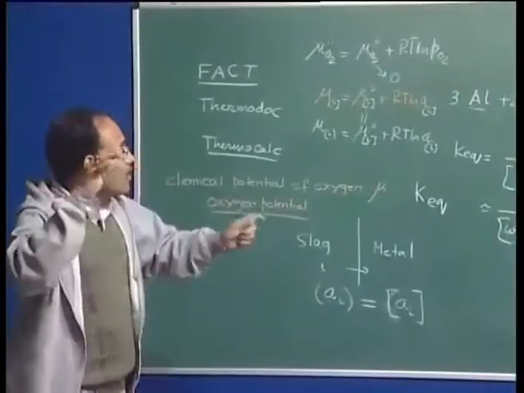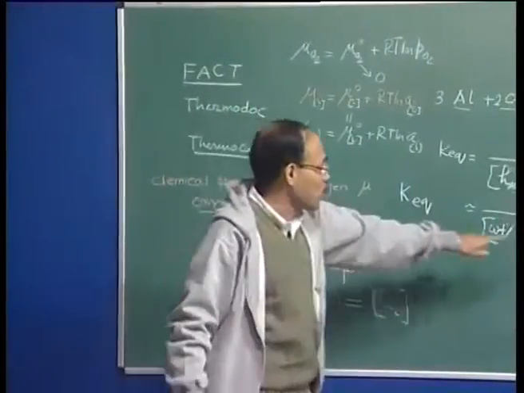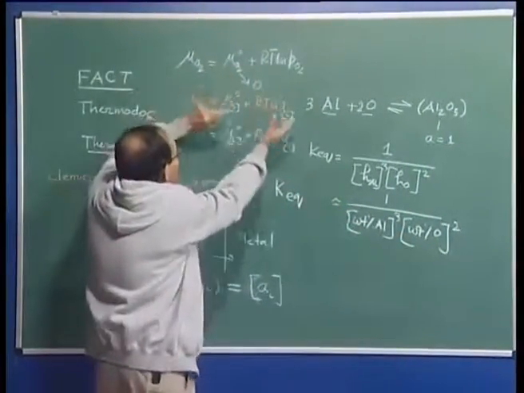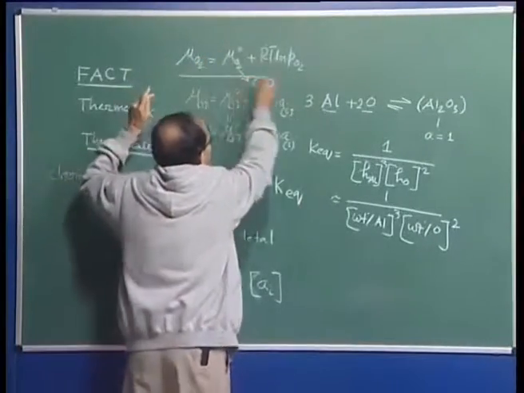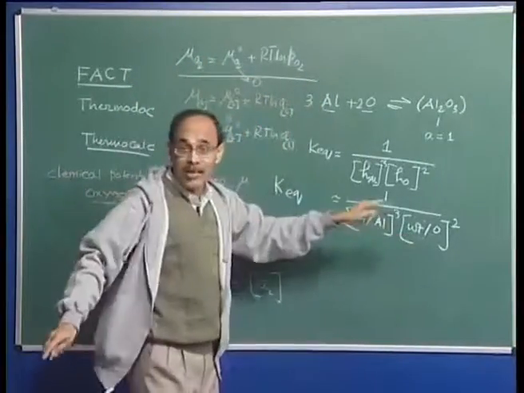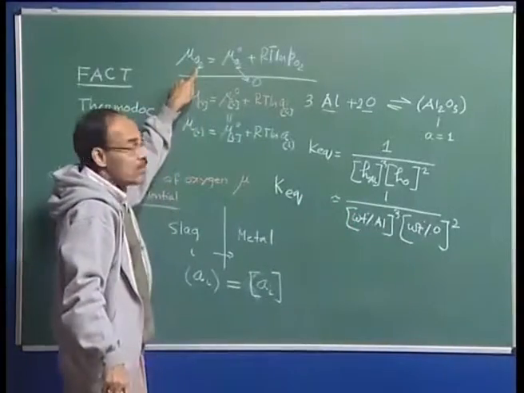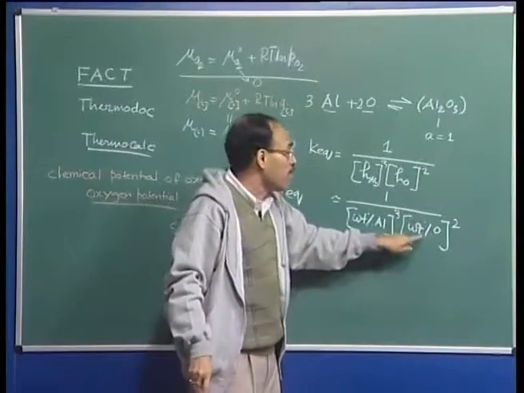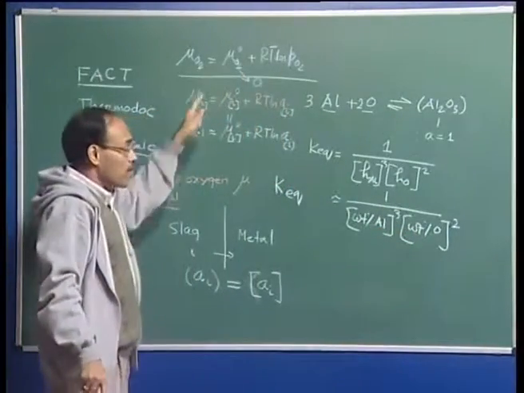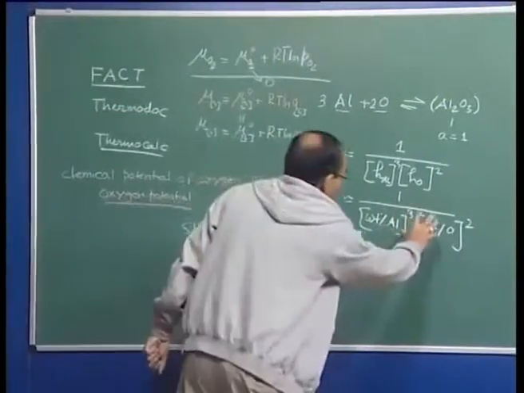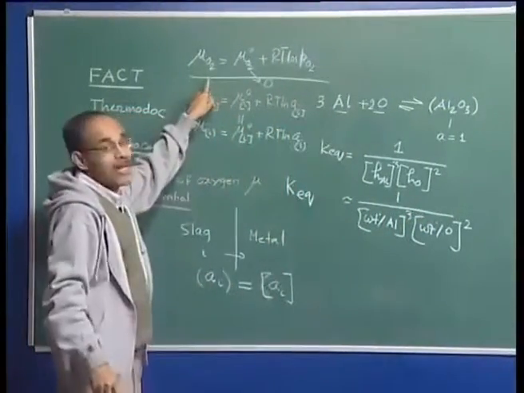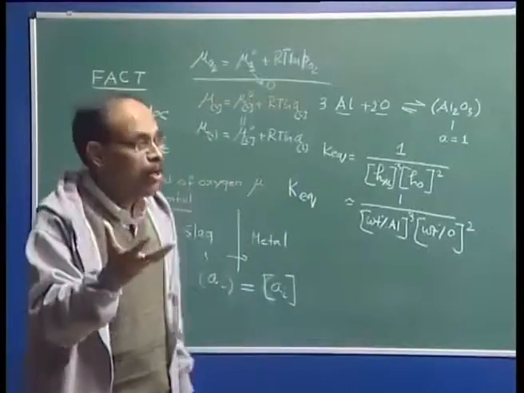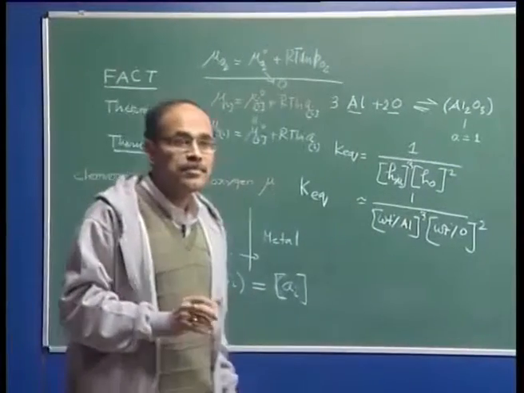So, we can calculate the oxygen potential with respect to oxygen and then convert it to this particular scale, because the standard states here and here are different. This is the fundamental definition of oxygen potential, and we can calculate the activity of oxygen and the oxygen potential here and then translate it to this format. So, wherever there is oxygen, it is possible to calculate the chemical potential of oxygen and thereby tell the oxidizing power of the system itself.